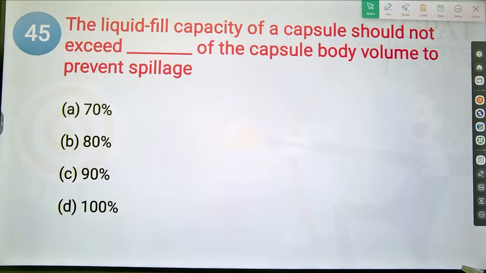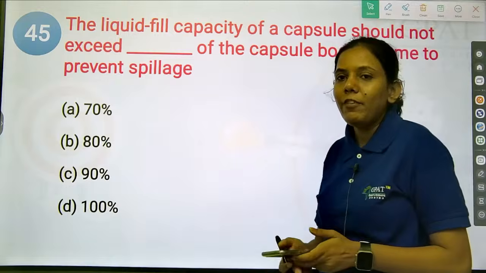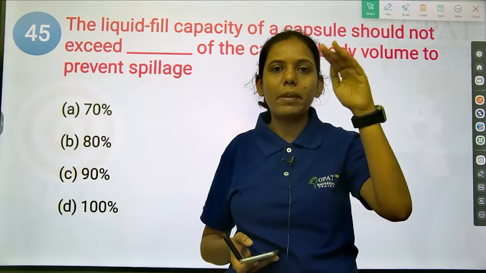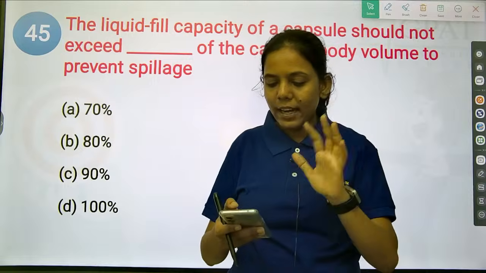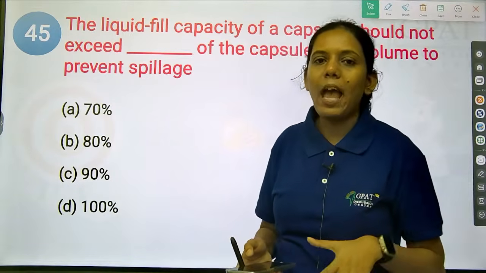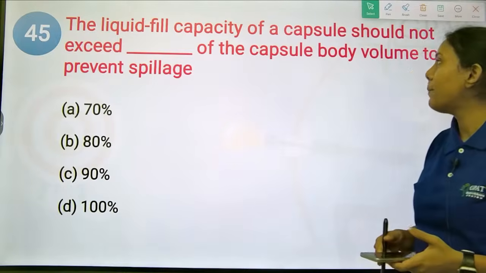The liquid fill capacity of a capsule should not exceed dash of the capsule body volume to prevent the spillage. Definitely, if you fill the bottle to the maximum capacity, then there are chances that it may get spilled off, right? So same thing happens in the liquid fill capacity of a capsule.